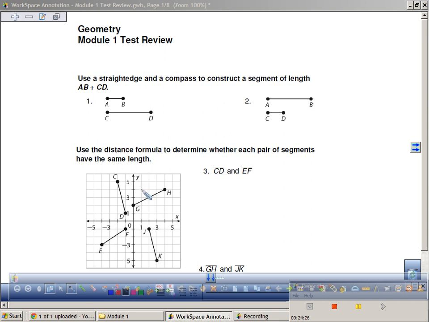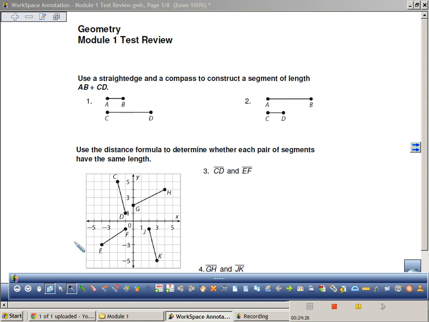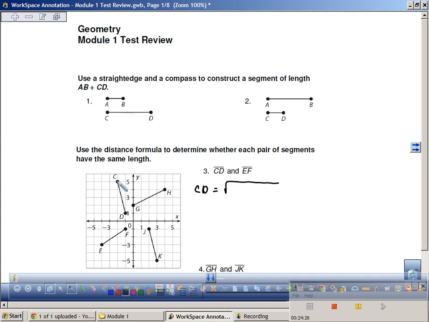Okay? 3 and 4. So it asks me to find if CD and EF are what? The same length, using distance formula. So I would have to find CD. So distance equals the square root of the rise squared plus the run squared. So what's the rise squared of CD? 1, 2, 3, 4. 4 squared.